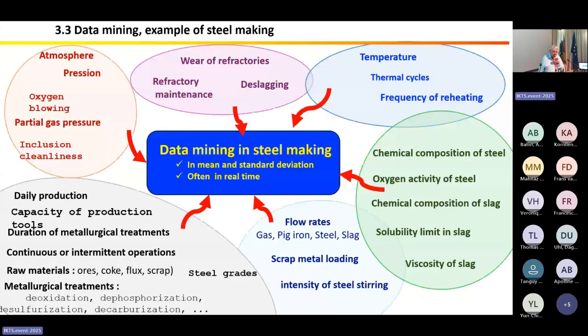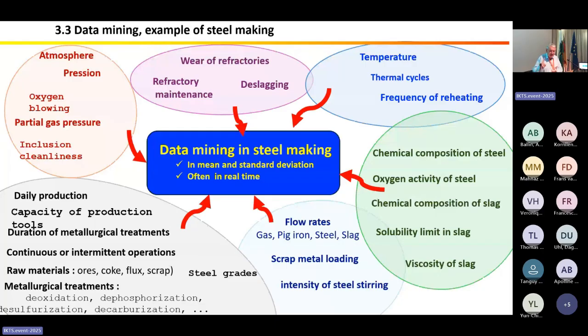Last point, for me a very important point: in steel making and in other applications of refractories, we have a lot of data. We have really data mining, in mean, in standard deviation, often in real time. What are these data?